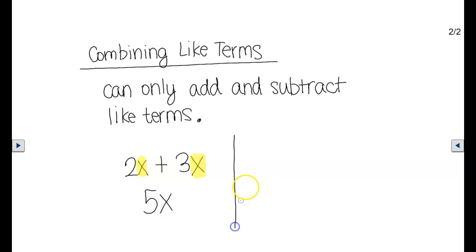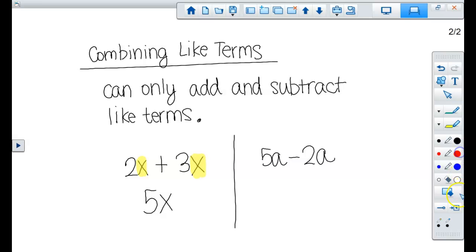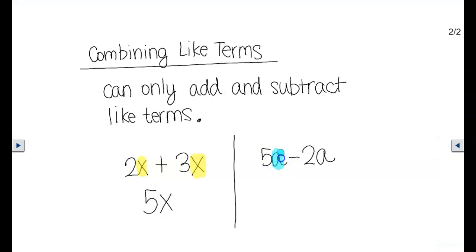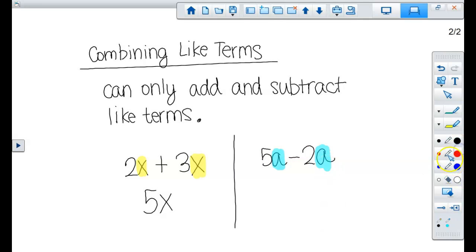Okay? Here's a subtraction problem. 5a minus 2a. So notice again here, there are two terms in this problem. Are they like terms? The answer is yes, because this one's last name is a, this one's last name is a. So I can combine these because they're like terms. So to combine these, I would do what it says.